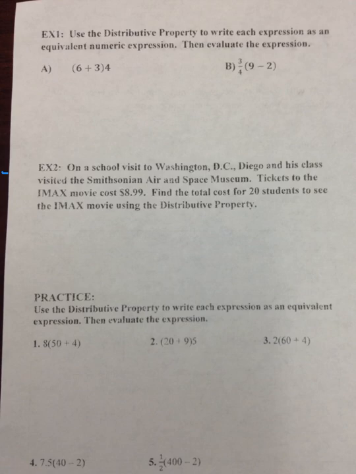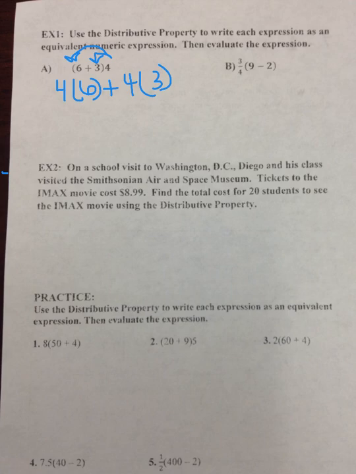So for A, we have in parentheses the quantity 6 plus 3 multiplied by 4. So if I'm going to use the 4 and distribute it, I'm going to multiply 4 by 6 and then 4 by 3 and add them together. So if I rewrite this, I could write it as 4 times 6 plus 4 times 3. So that would be my expression.